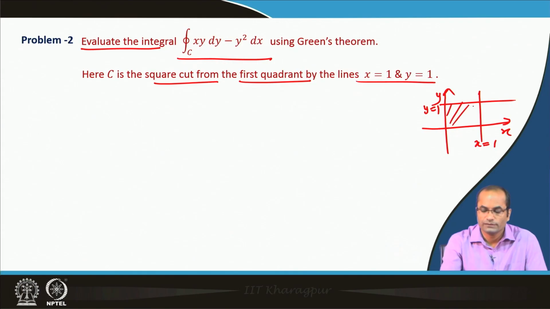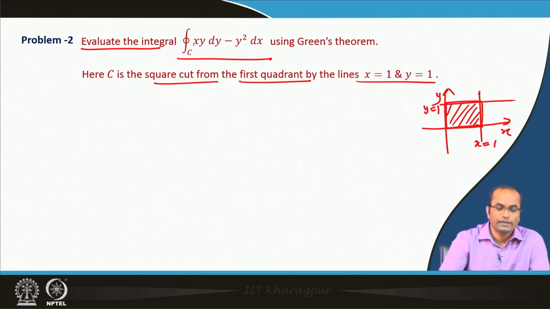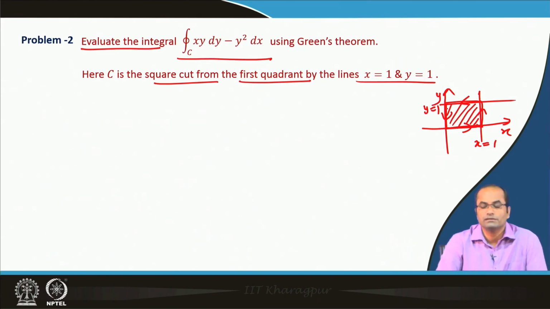So, this is the region, and then we have this curve, the boundary of this square. So, we want to get this curve integral. If we perform over these curves, we have 4 lines there, and we have to perform this integral 4 times, which may not be very convenient.